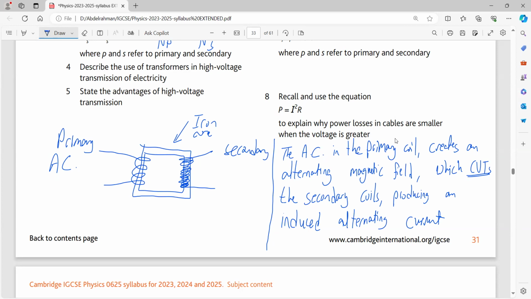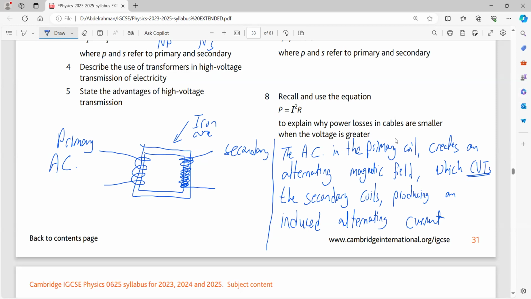It does not change, so it doesn't keep on cutting the secondary coil. If it doesn't keep on cutting the secondary coil, then it wouldn't produce any current. For a current to be induced, you have to have some sort of motion, some sort of constant cutting.